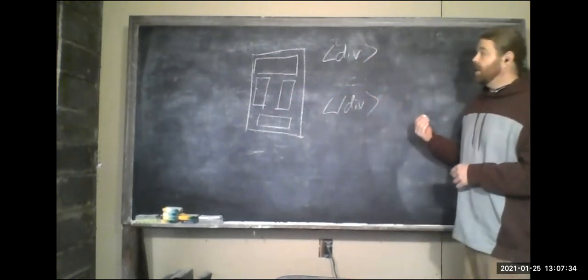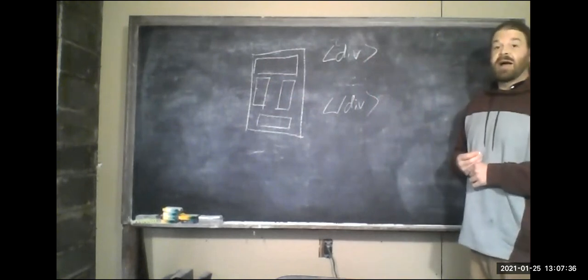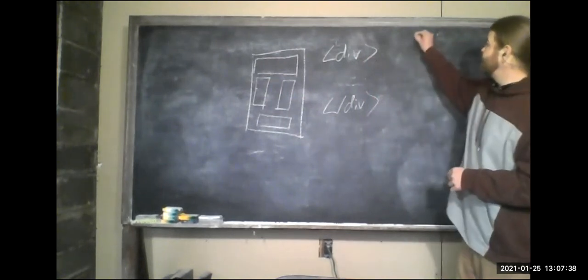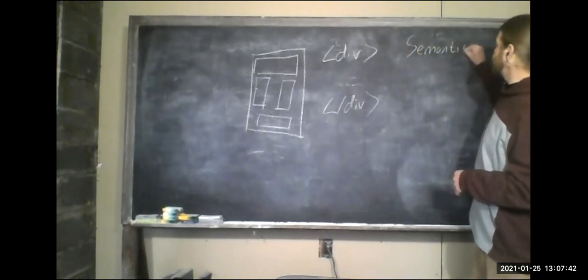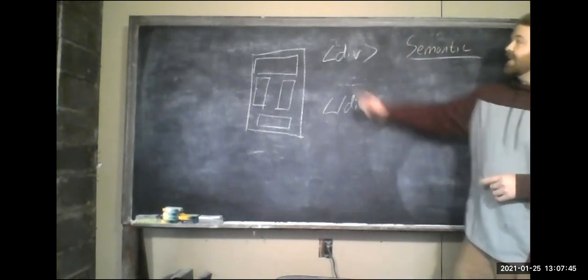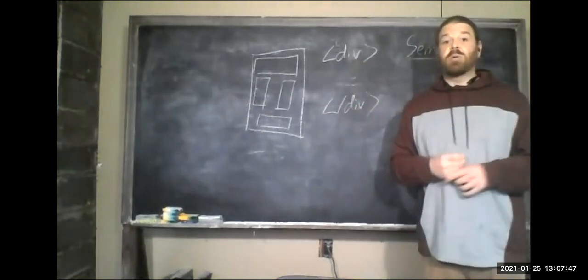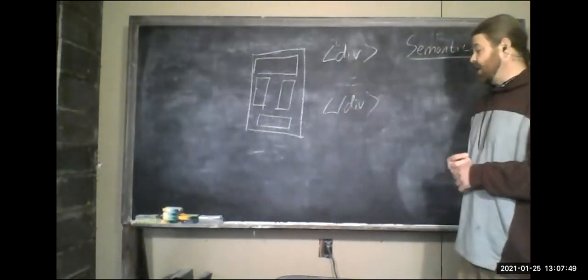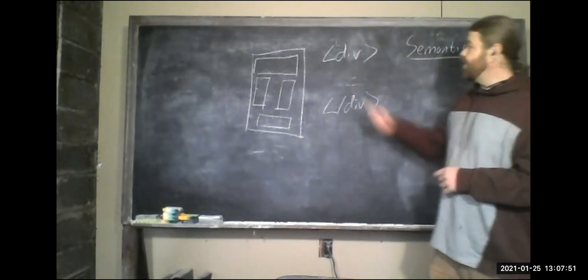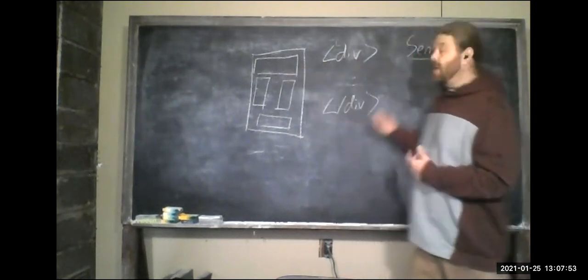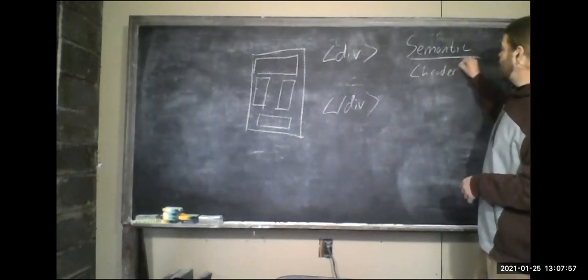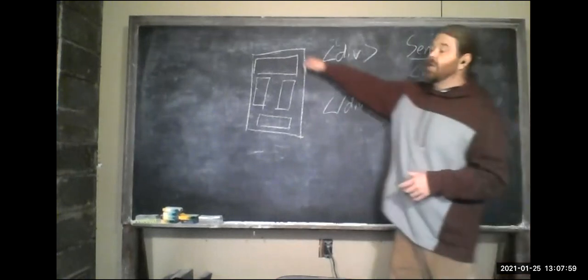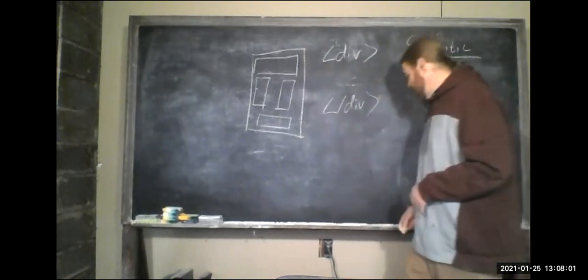So what they came up with for HTML5 is what's called semantic tags. Which are really just mostly div tags with better names, more useful names. So instead of a div up here for the header, we have a tag called header to indicate that's a division of the page where a header would normally go.